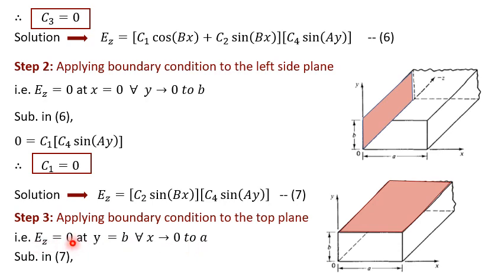What is the condition? Ez is equal to 0. So I'm going to substitute this condition in this equation over here. Since y is equal to b, if you substitute y is equal to b, this becomes 0 is equal to C2 sin Bx C4 sin Ab.